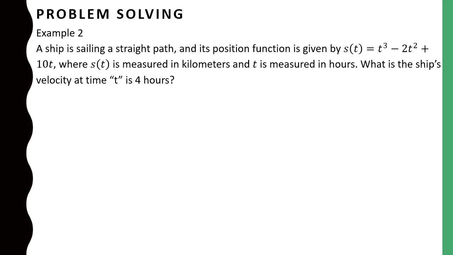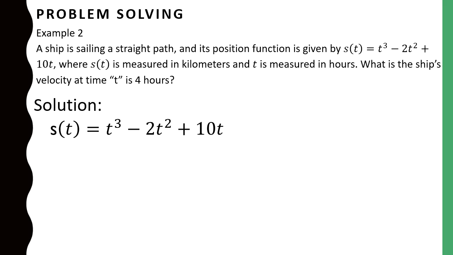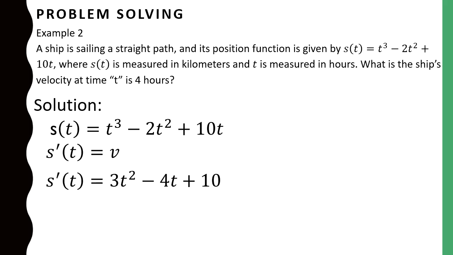Again, to solve this problem, we first have to get the derivative of the function s of t equals t cubed minus 2t squared plus 10t. And its derivative is 3 times t squared minus 4t plus 10. Again, we use our differentiation rules to find its derivative.